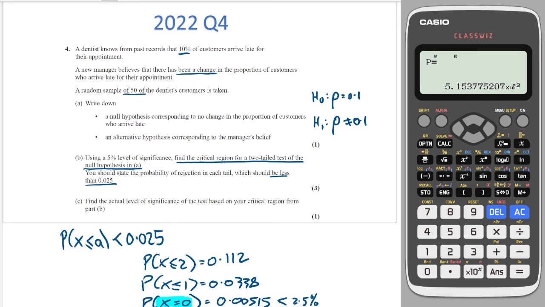Next, I need to test the upper tail, which is a little bit more tricky. Okay, so I need something in the right-hand tail, so greater than, which is going to give me a probability of less than 0.025. But the calculator only does less than, so I need to rearrange this.